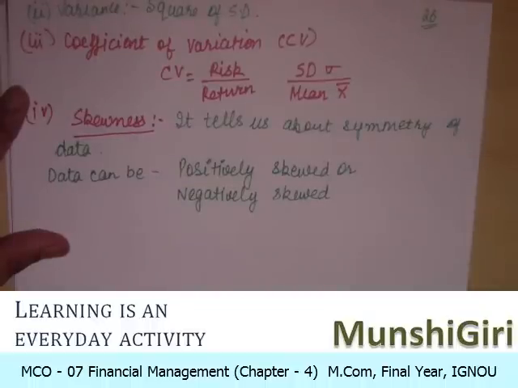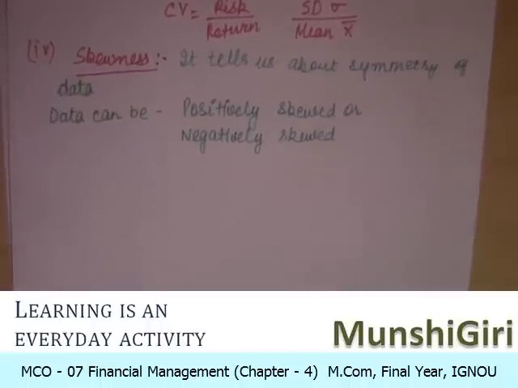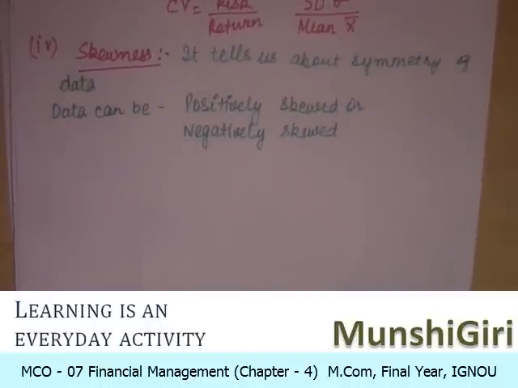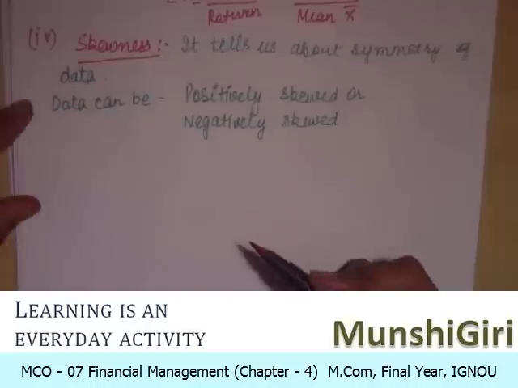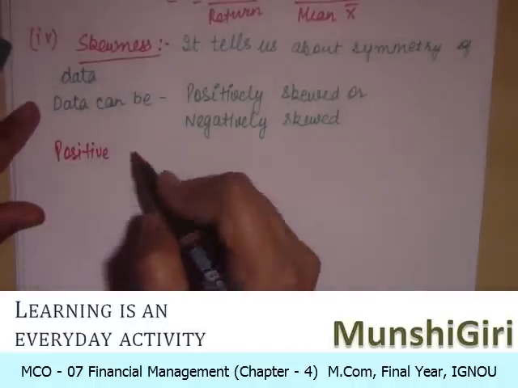Now, what does positive and negative skewness imply? Positive skewness implies that there is less likelihood of returns being lower than mean. This is positive skewness.